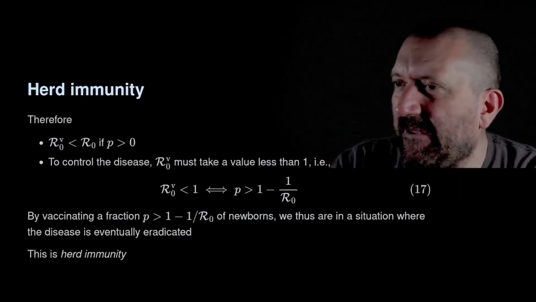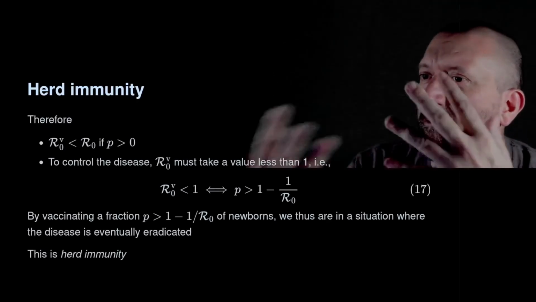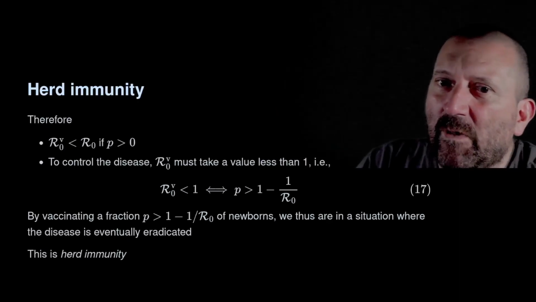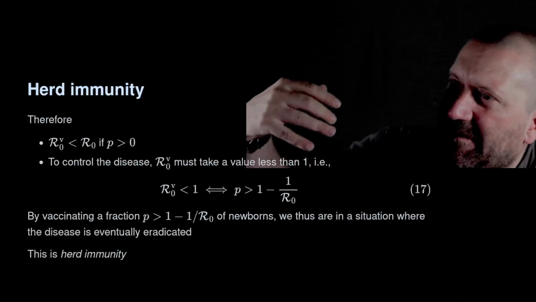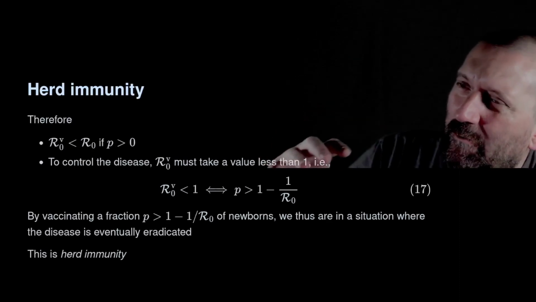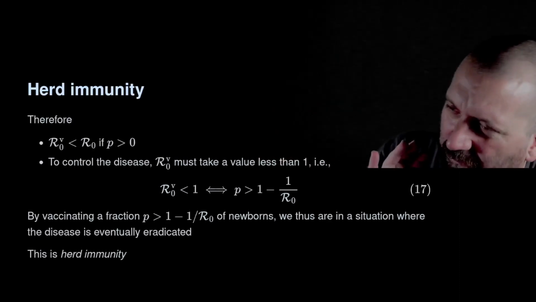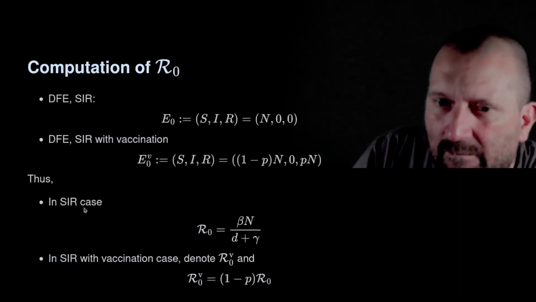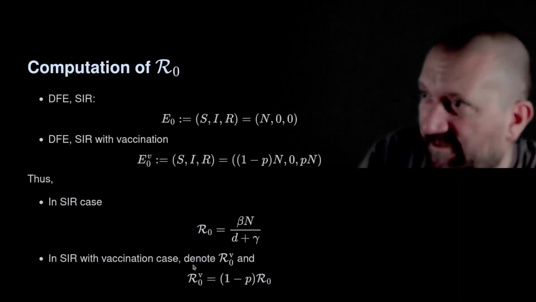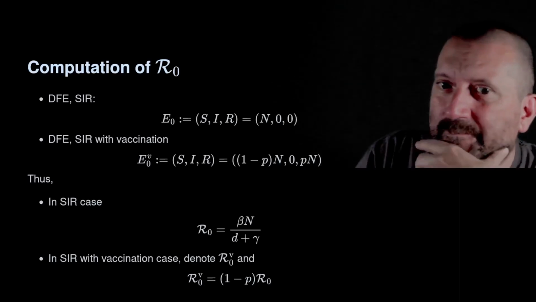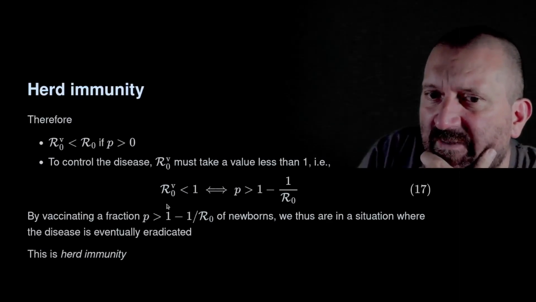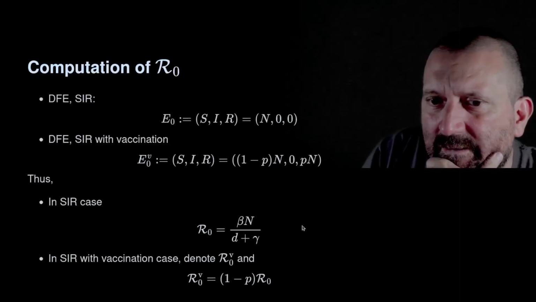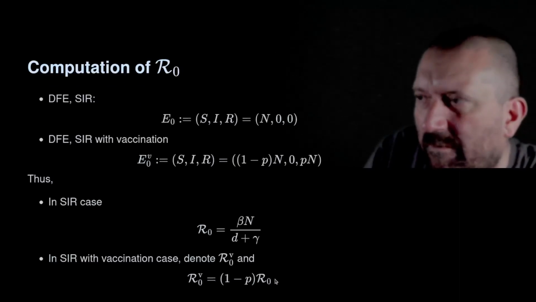And so if I want to eliminate the disease, or drive down endemicity, if I want to make my model with vaccination go to 0, to eradicate completely the disease, I need that R0V to be less than 1, because it's the R0 relative to this new model. Remember that we saw that R0V was linked to R0 this way.